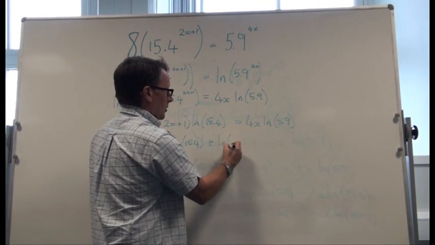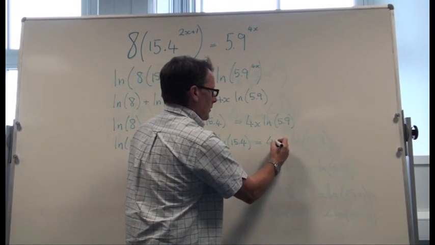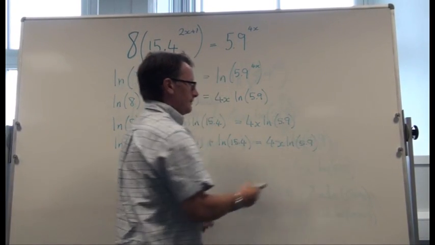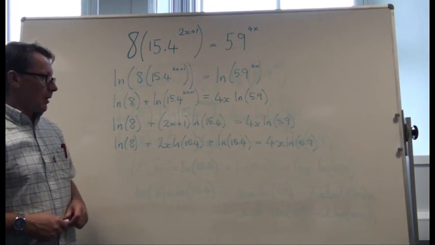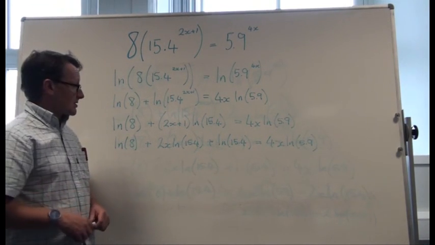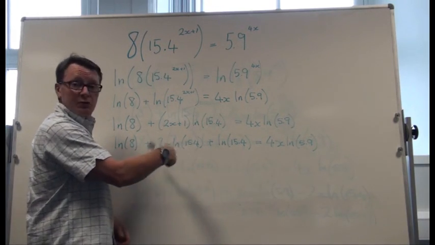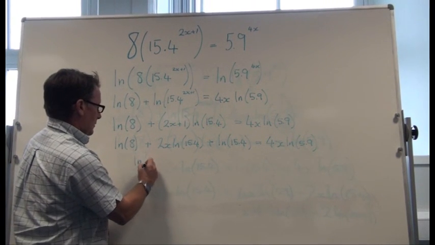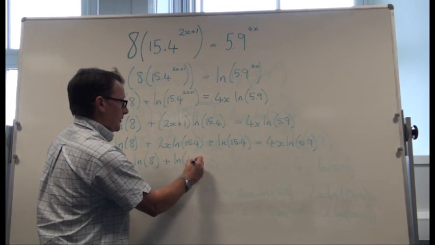So that's just the log of 15.4, equals 4x times the log of 5.9. Okay? We need to get the x's onto the same side of the equation. So in this example, I'm going to take 2x times log of 15.4 off both sides. And that will leave us, on this side, with the log of 8 plus the log of 15.4.